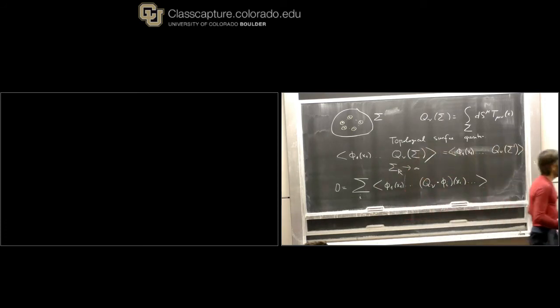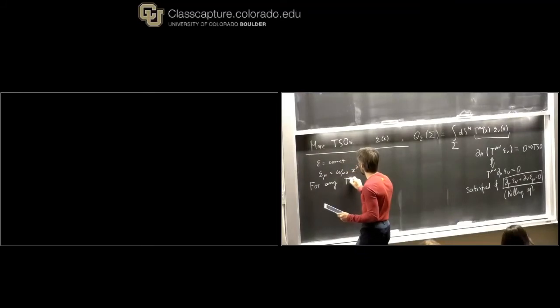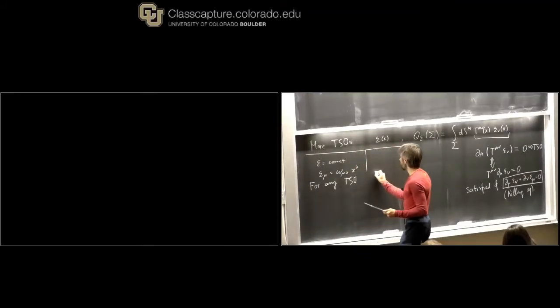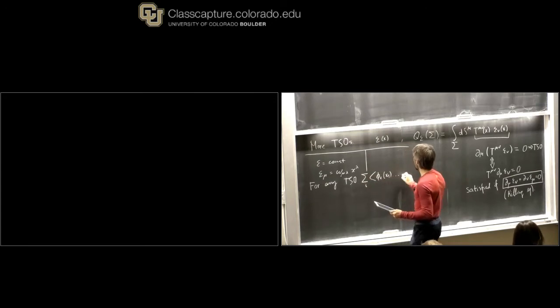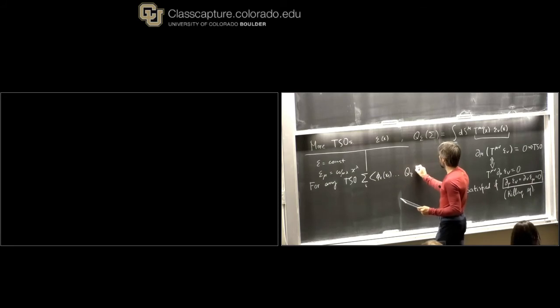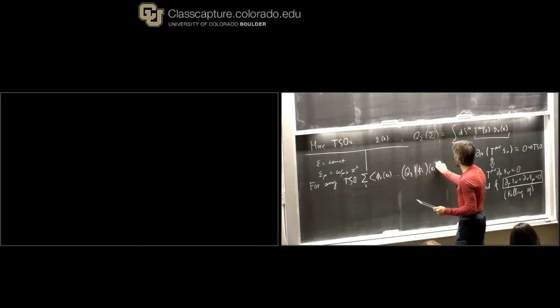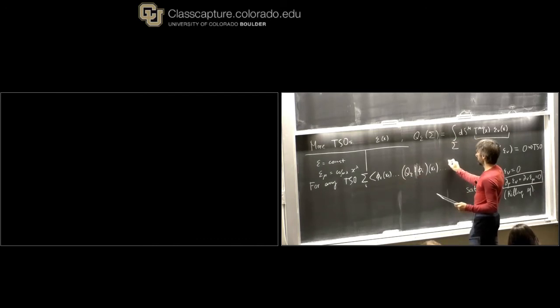So for any TSO of this type, I have the equation that the sum over i of ⟨φ_1(x_1) ... Q_ε acting on φ_i at the point x_i ...⟩ equals 0.